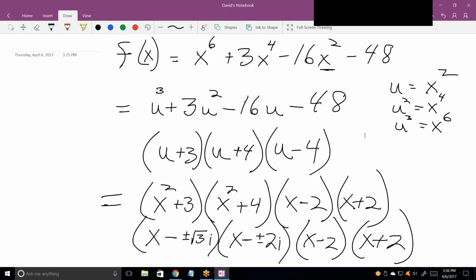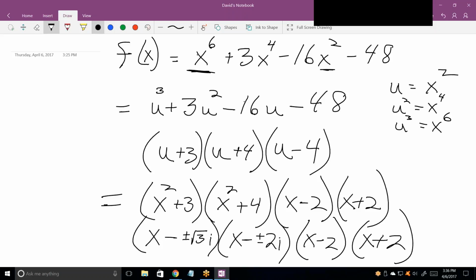But the secret to this problem was realizing that they have not taught us how to do 6th degree polynomials. They've only barely taught us how to do cubics, right? So the moment we see x to the 6th, we know we've got to be able to do something really special with it. And there was no greatest common factor.